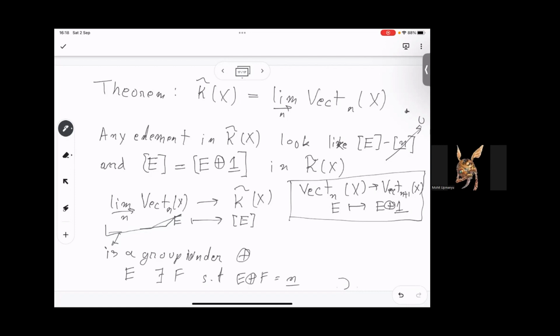But all trivial bundles have been taken under the equivalence relation here. Vect_n X is inside Vect_{n+1} X by identifying the trivial bundle here and there, since E to E direct sum trivial is identified. As a consequence, all trivial bundles are identified. So this is in fact equal to 0, the trivial bundle. So this is a group.